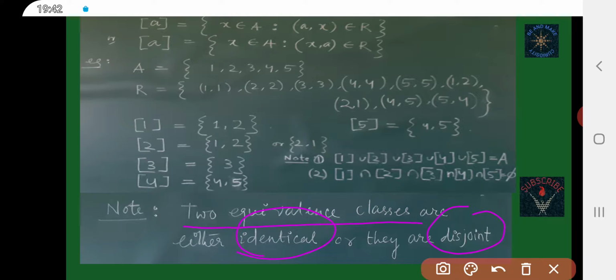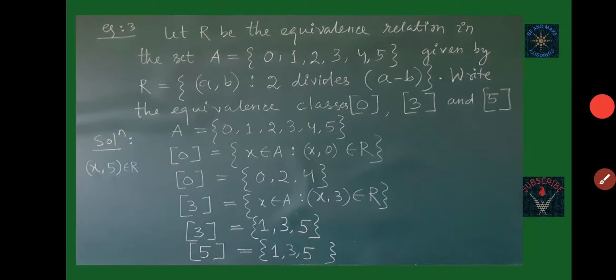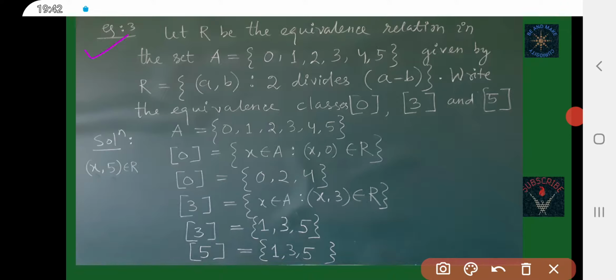Okay, next, for example, here you see, let R be the equivalence relation in the set A, given by R equal to (a, b) such that 2 divides a minus b.